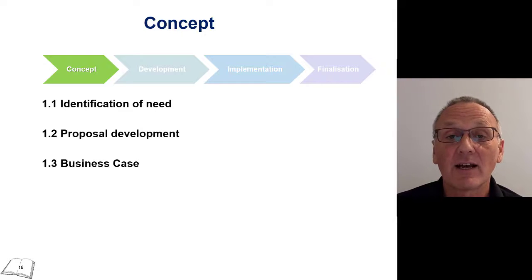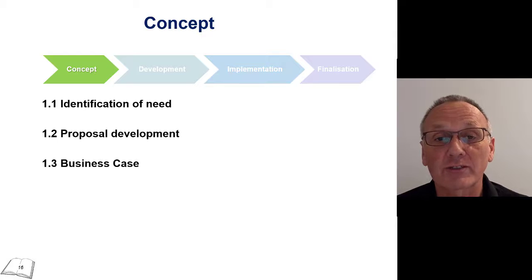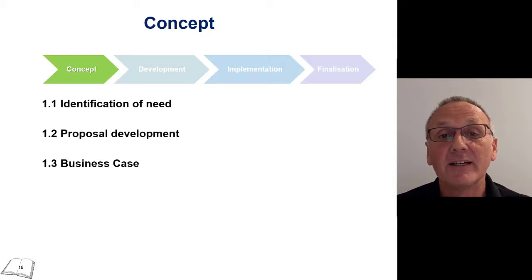The next part of the concept phase is developing up the proposal. The proposal essentially is a document that goes through and documents all of the background of the project, the scope of the project, what it's trying to achieve.